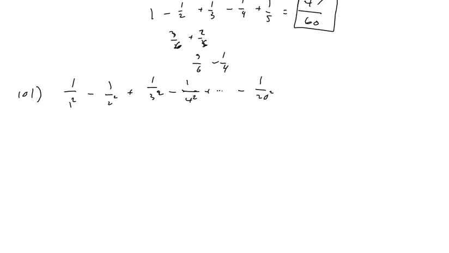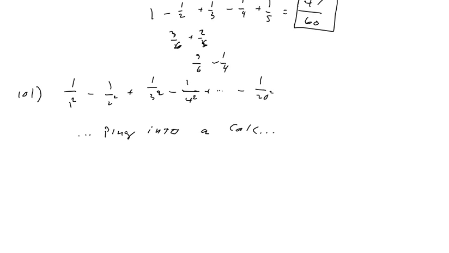So what I would do in this problem, clearly they want to go from 1 to 20 on the bottom, switching between minus and plus, minus, plus, minus, plus, minus, plus, minus, until they get to minus 1 over 20 squared. And what I would do here is plug this into a calculator.